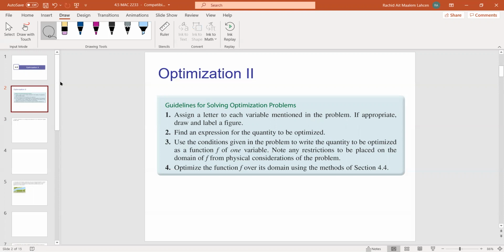Use the conditions. Of course, there may be some constraint there. So for example, the weight has to be a certain thing so it does not come out negative. And we optimize based on what we did in 4.4, maximize or minimize.